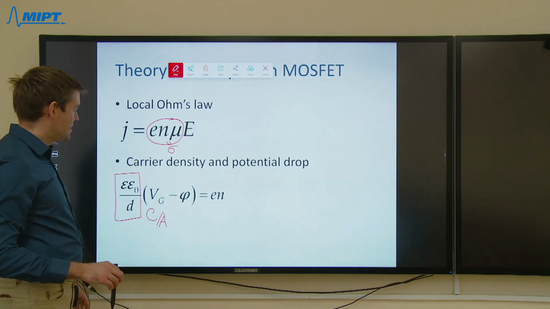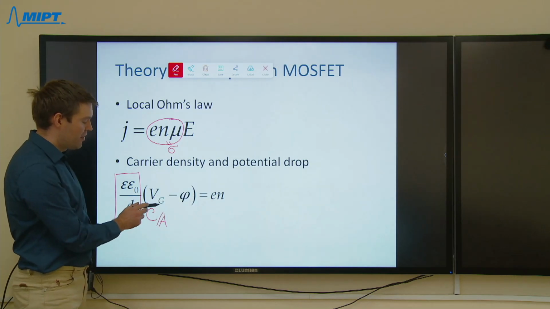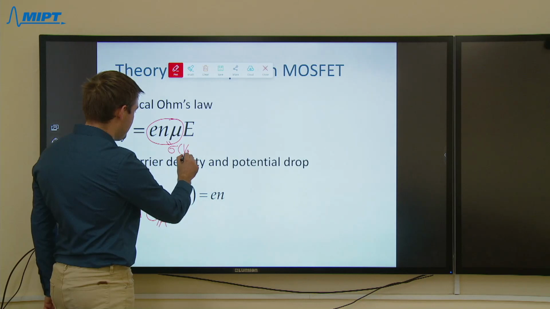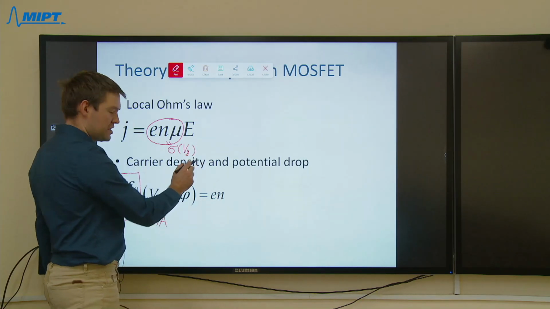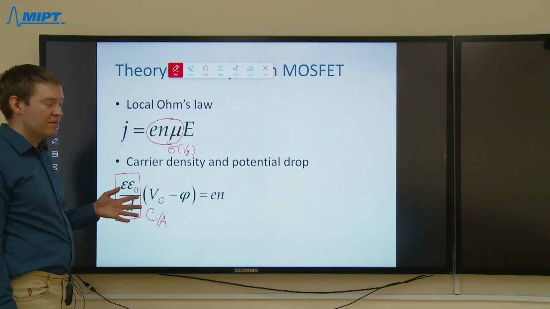But still, the physics of the gating is that the carrier density is roughly proportional to the gate voltage. So the conductivity becomes approximately a linear function of gate voltage. This is the field effect.